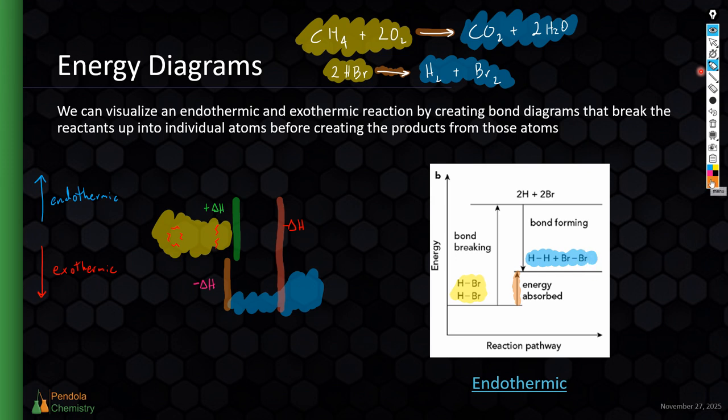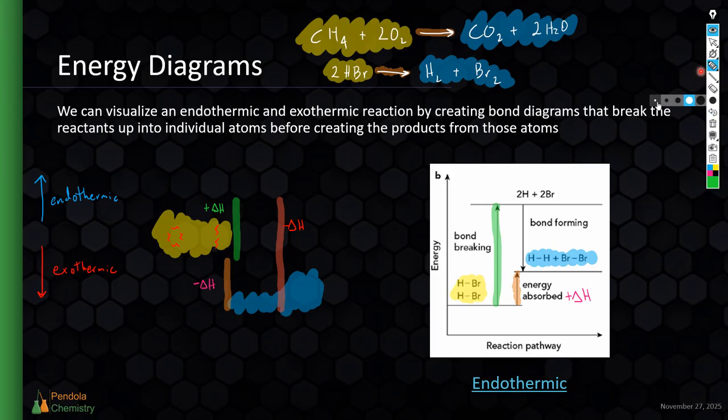And we can see that reaction right there, that process, the delta H, is going to be positive because that arrow is pointing up. Why is this one positive whereas the other one was exothermic, was negative? Well, if we look at the individual steps, the bond breaking of the HBr bond is positive, because bond breaking is always going to be positive.